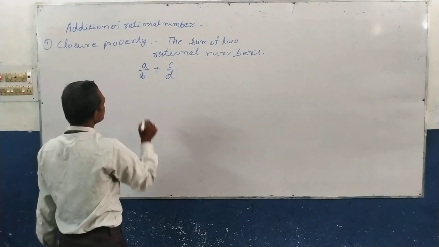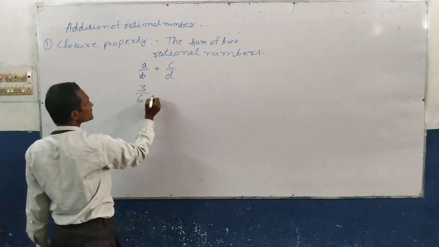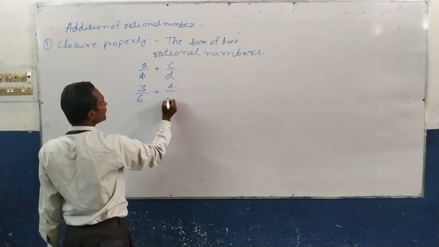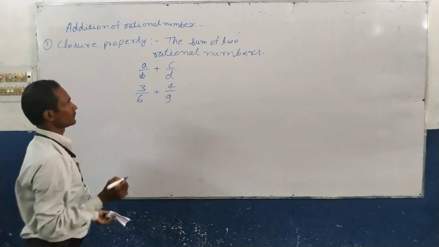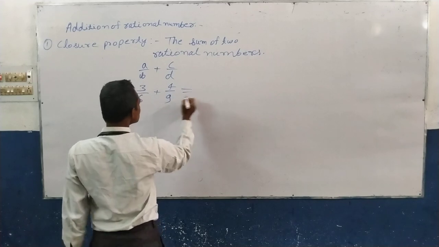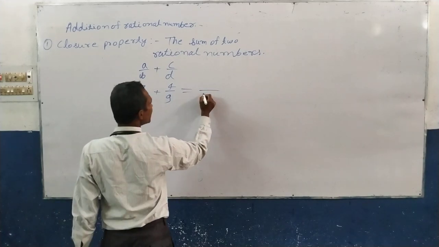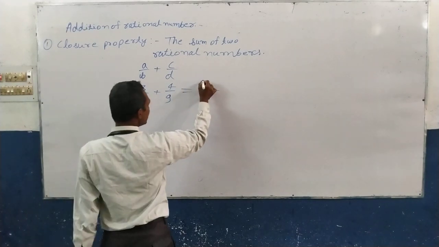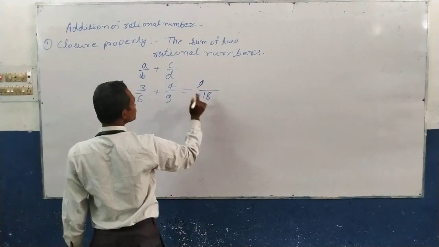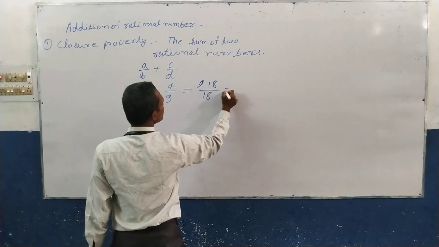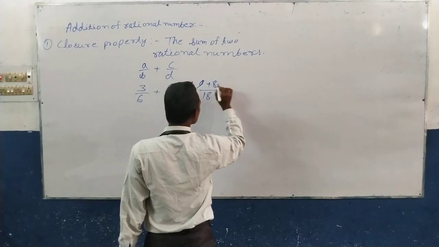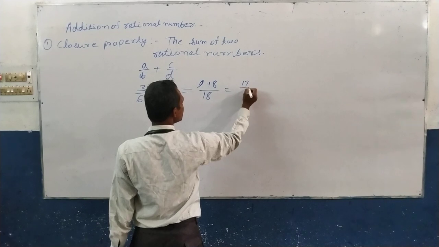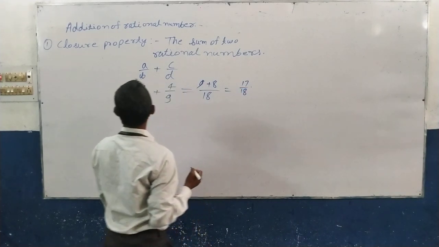Taking integers, 3 by 6 plus 4 by 9. We can find the LCM of 6 and 9, 18. 6 3s are 18, so 3 3s are 9, and 9 2s are 18, so 4 2s are 8. We can write 8 and 9 sum 17 by 18.